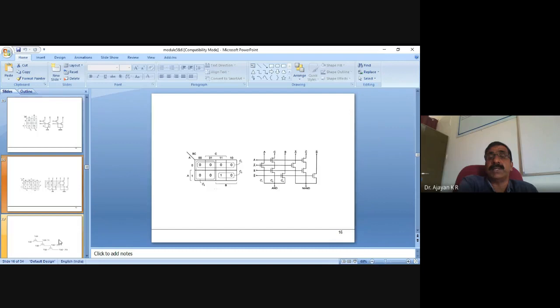So A is equal to 0 is driven by, sorry, that is a combination of AND and NAND. I want to just check 0, 0, 1, 1, and 0.